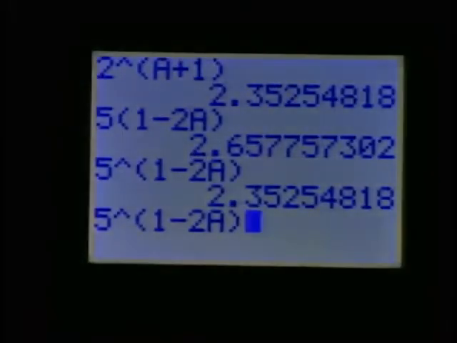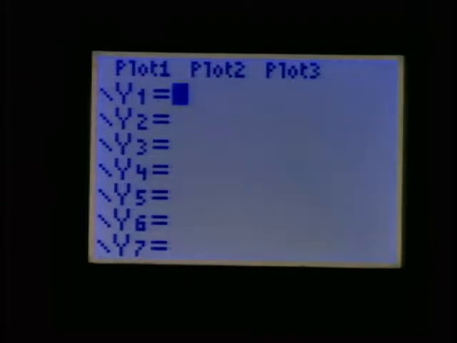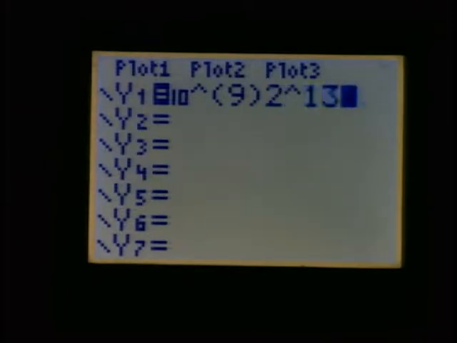So what we do is we come into our calculator now, and let's go to y equals, and I'm going to use my power of 10 key, 10 to the 9th for my initial population, and I'm going to multiply this times 2 to the 1/13th power. And look at the way I punch that.